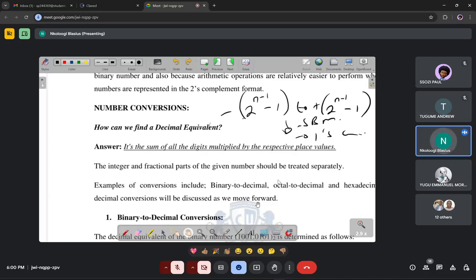When you go through the class where I took them through the number conversions, you'll be able to do self-reading and self-catching up. So I request maybe 1 hour within the week. You can suggest, and then we discuss where things have not worked for you so well, so that you don't lag behind.